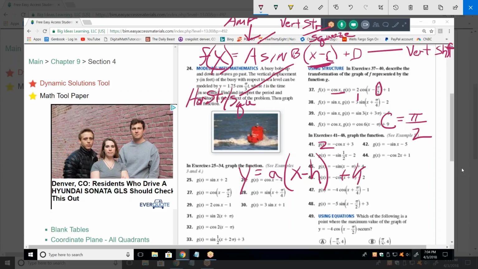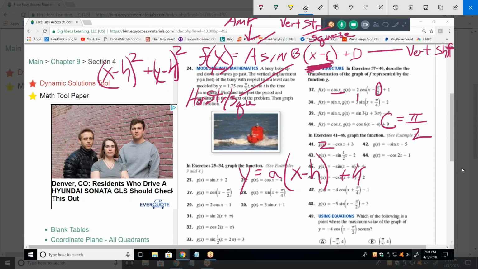It's plus k, but that k originally was on the other side of the equation, and it was y minus k. So pretty much anytime you have to memorize a standard, it's going to be x minus something. If you're looking at circles, it's x minus h squared plus y minus k squared. There is no place where you ever see x plus h or x plus c. Okay. So always know that this is a little strange, that c is the positive pi over 2 here.